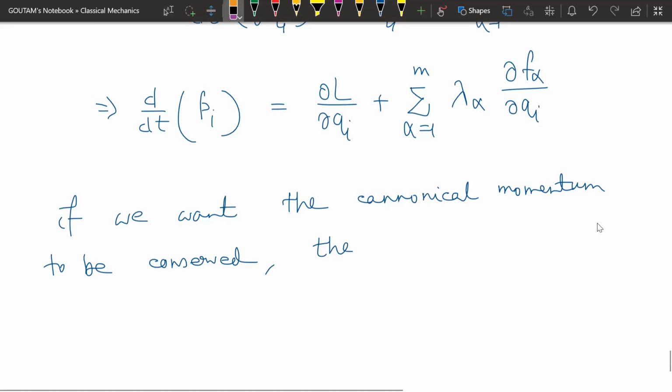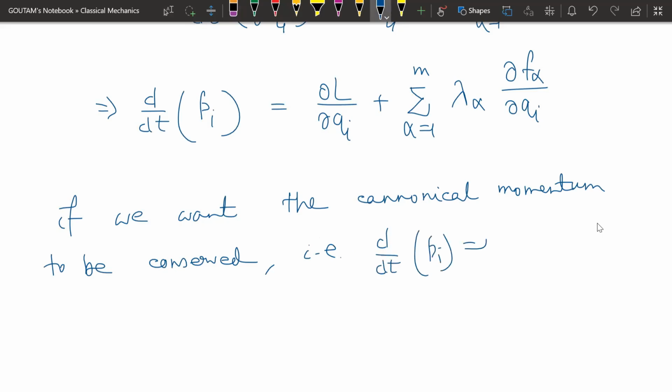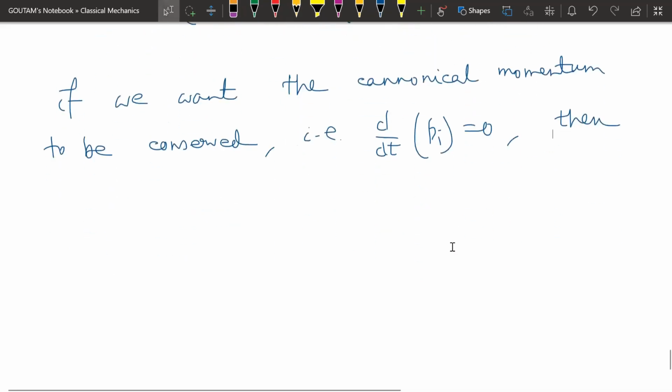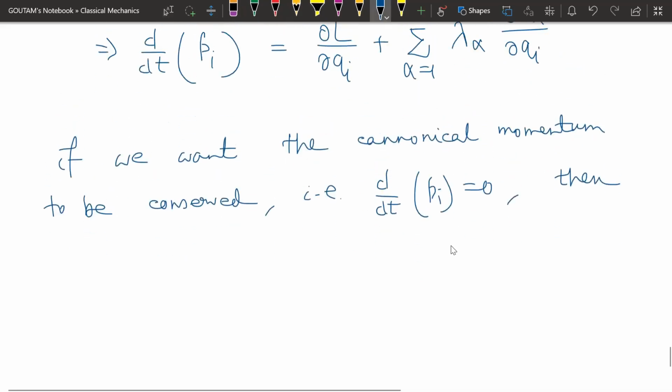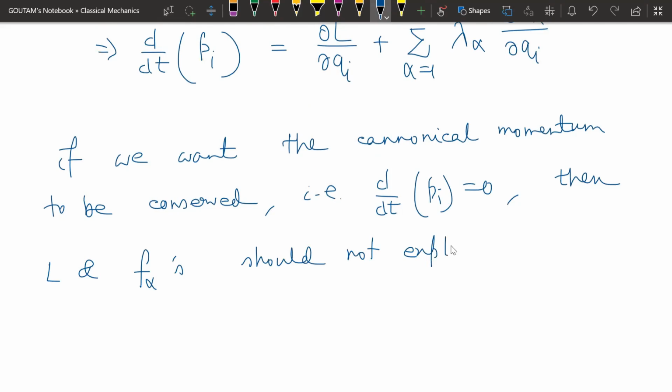that means d/dt of p_i equals 0, then L and f_α should not explicitly depend on q_i.